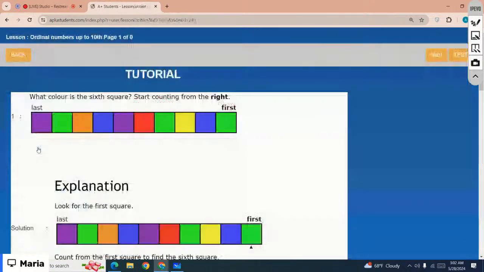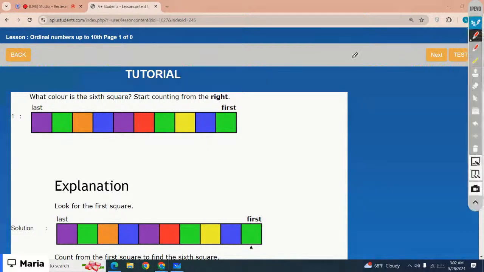What color is the sixth square? Start counting from the right. So you have to see which is the sixth one, right? You have to start counting from the right side. So first, second, third, fourth, fifth, sixth. So when you count from the first square and you have to find the sixth one, purple color it is, right?